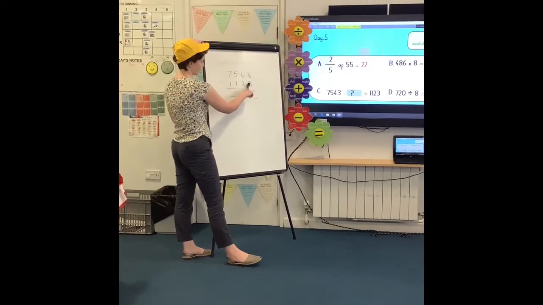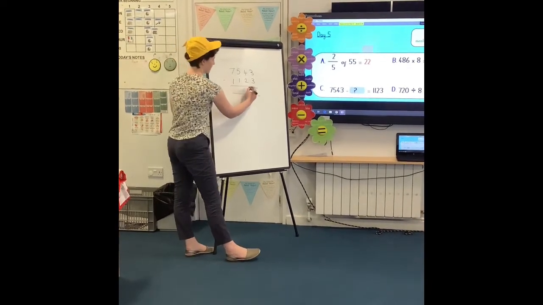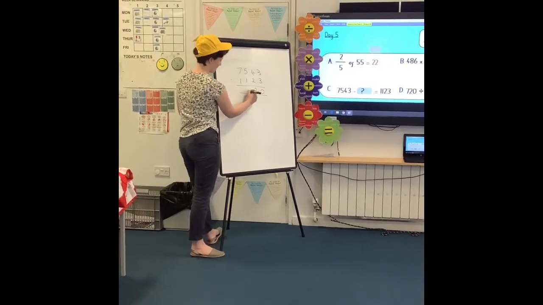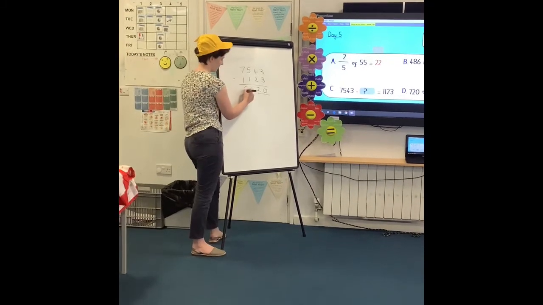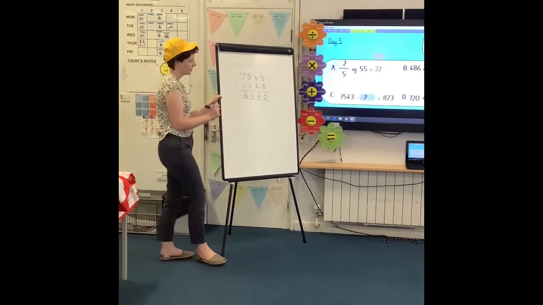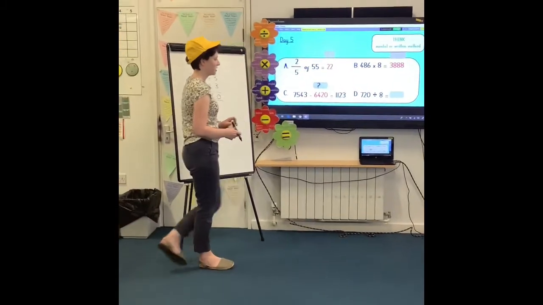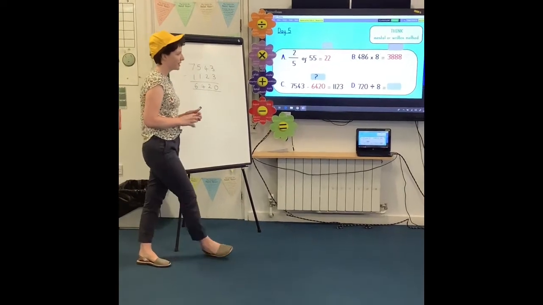So 3 ones take away 3 is 0 ones. 4 tens take away 2 tens is 2 tens. 5 hundreds take away 100 is 400. And 7,000 take away 1,000 is 6,000. So let's check our answer there: 6,420.